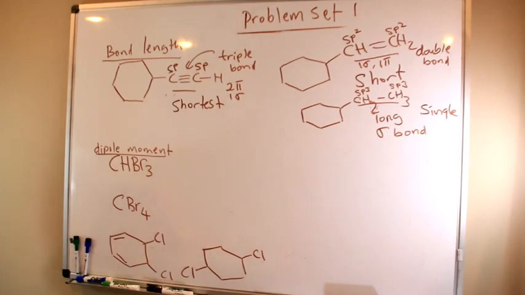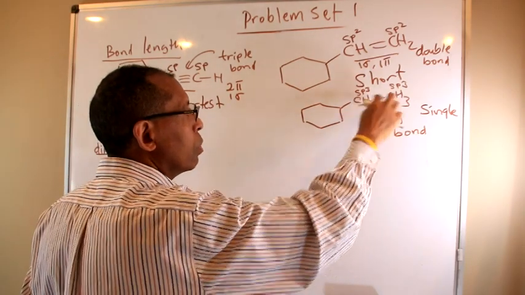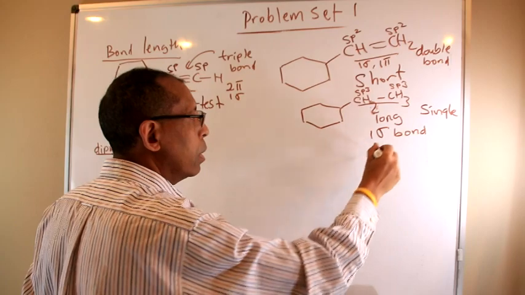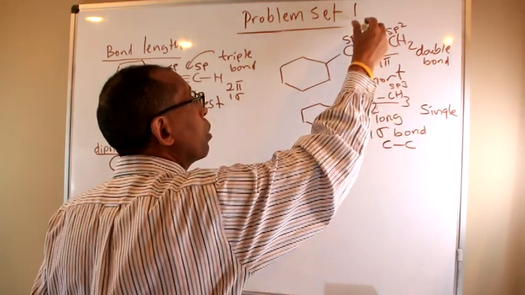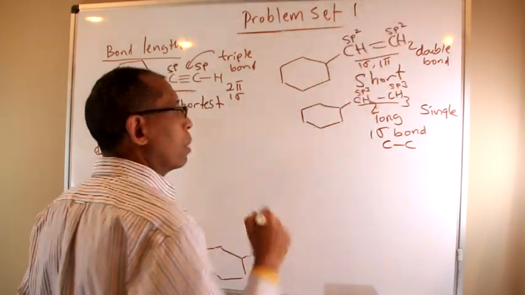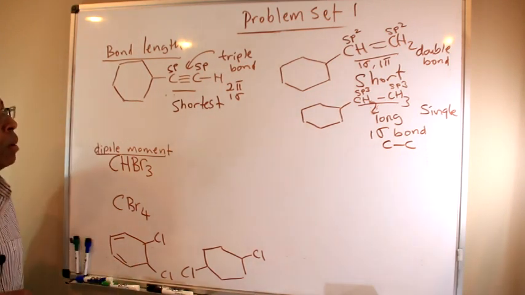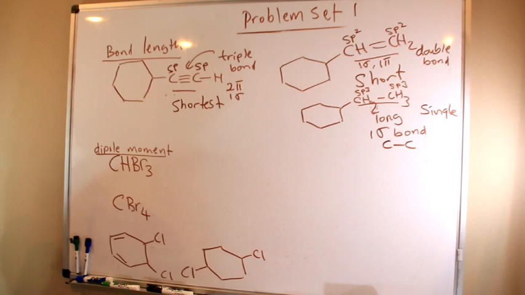Everything is 1 sigma bond between these 2 carbons, the carbon-carbon bond. Here I am considering just the carbon-carbon bond as well. So remember, this is referring to bond lengths as it relates to hybridization and also the strength of the bond.